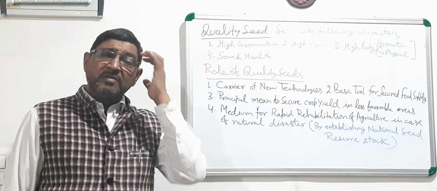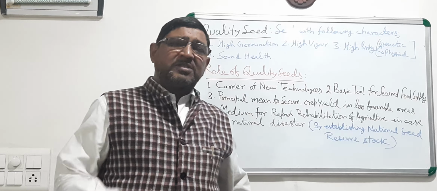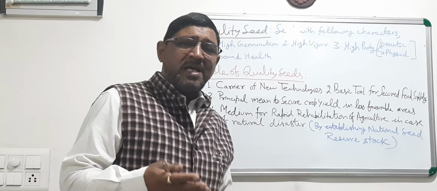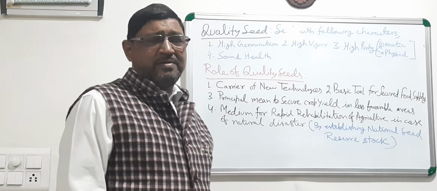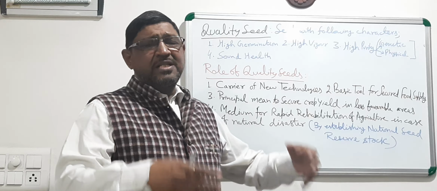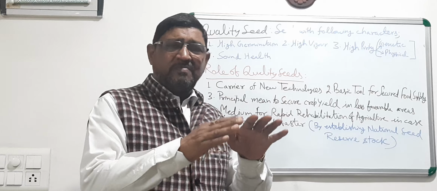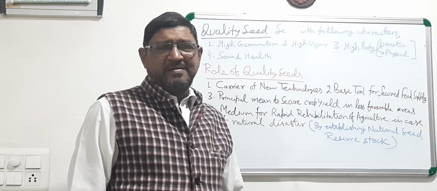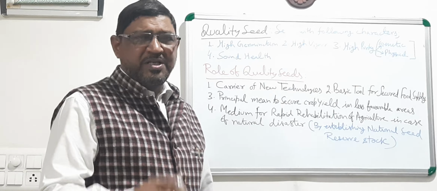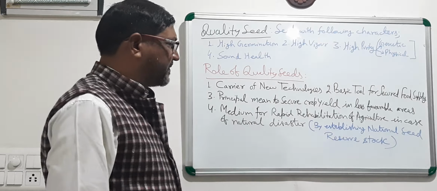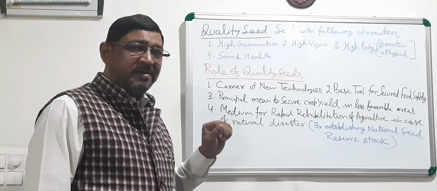So if you have varieties for submergence tolerance, like we now have Swarna Sub1, thousands and thousands of acres of rice crop are protected because of a single gene, the Sub1 gene, the submergence tolerance gene.